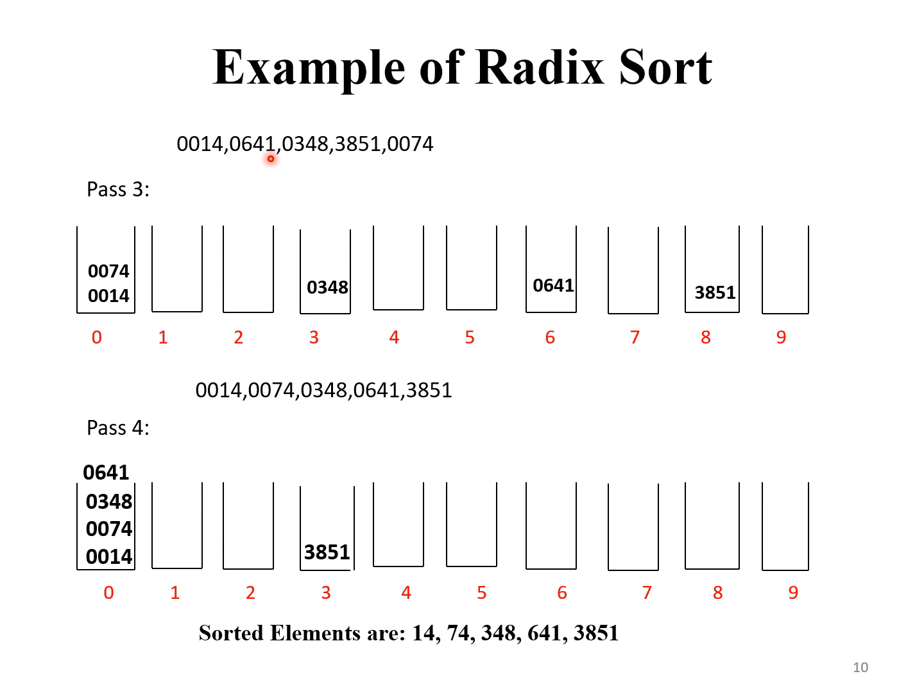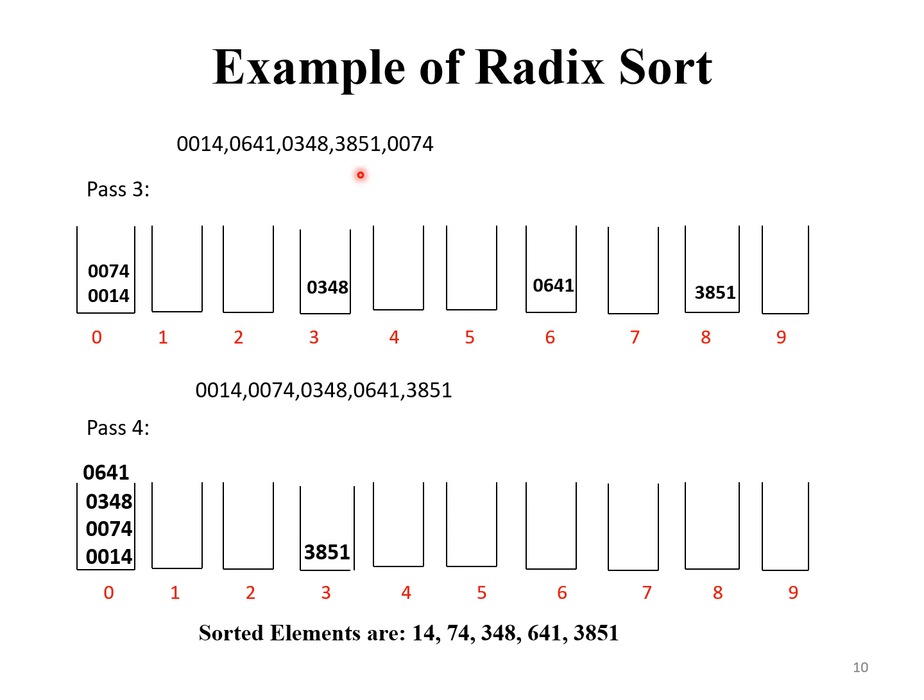Next is 0641. Here the digit is 6, so we put this number in the sixth bucket. Next is 0348. Here the digit is 3, so we put this number in the third bucket.